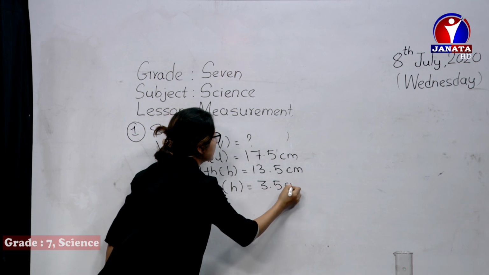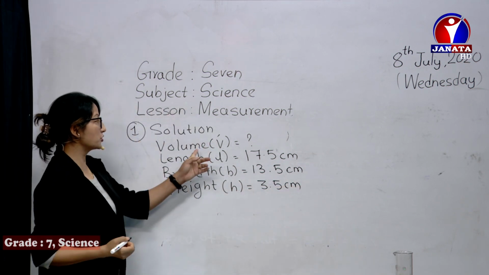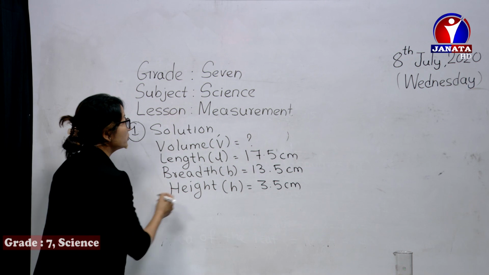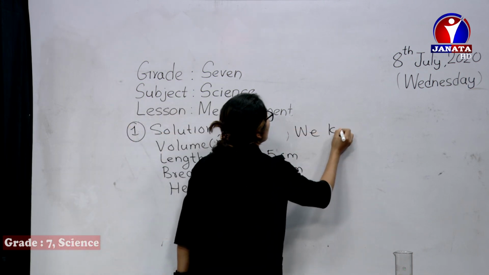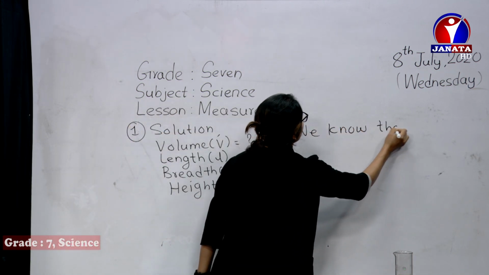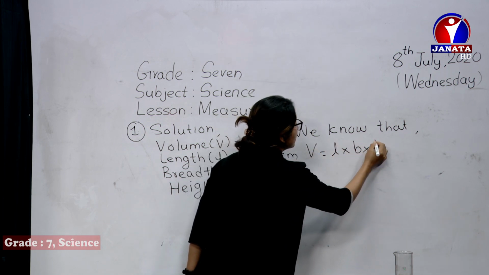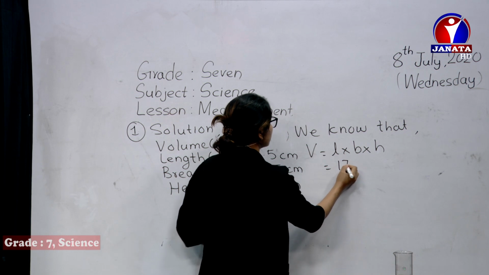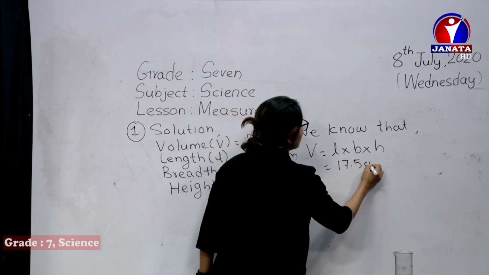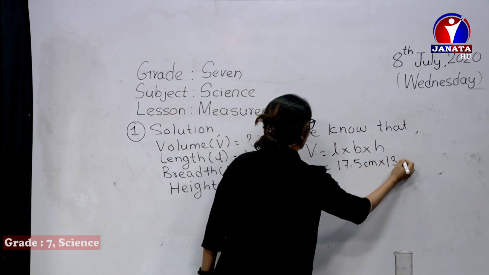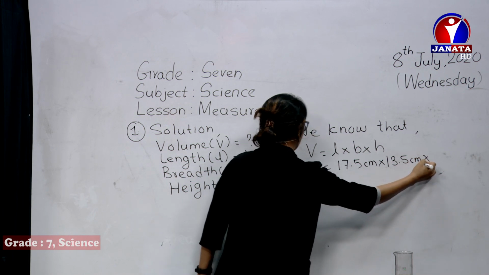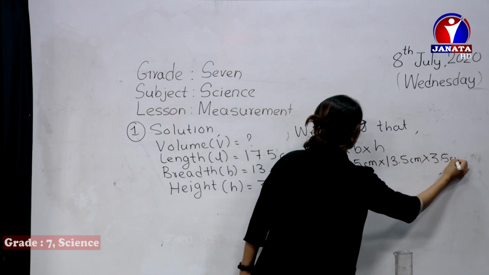So what's the volume? You're going to calculate the volume. We know that the volume of a cuboid V is equal to length into breadth into height. Our length is 17.5 centimeter, breadth is 13.5 centimeter and height is 3.5 centimeter.